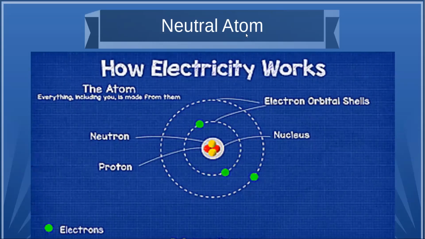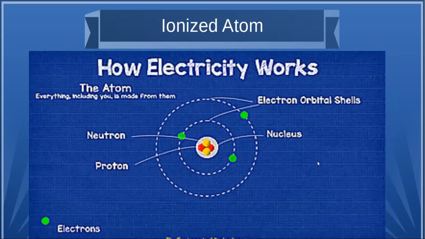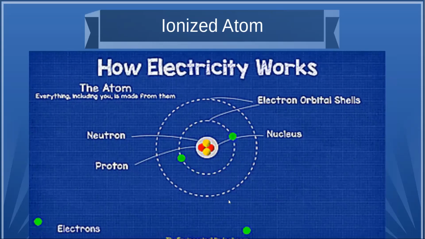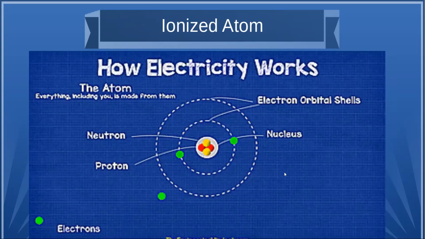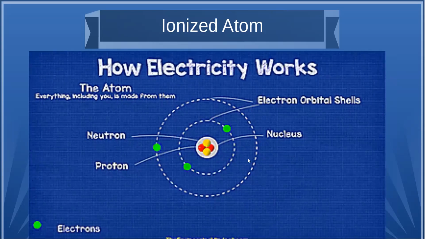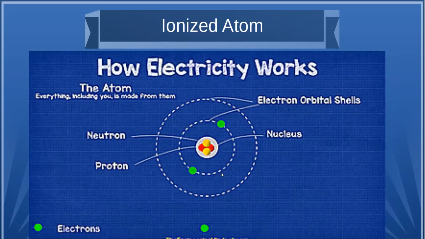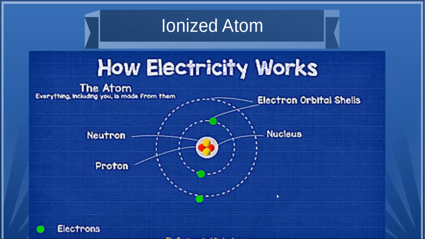right now it's a neutral atom because they're balanced. If for some reason we get enough energy to knock that electron out of its orbit, okay, it becomes an ionized atom, and it would be a positive ion because it has one more proton than it does electron at that point.